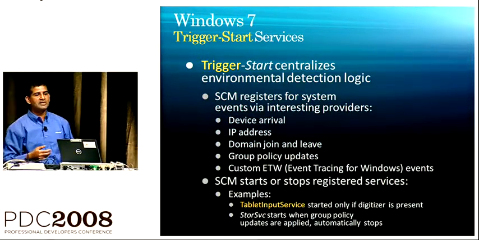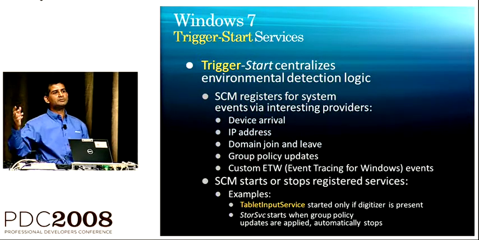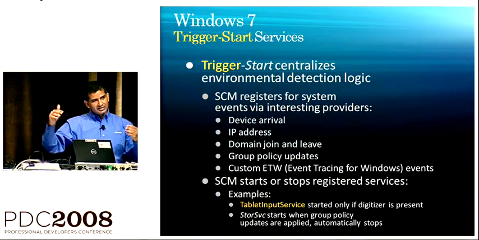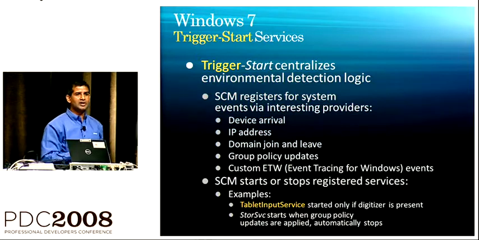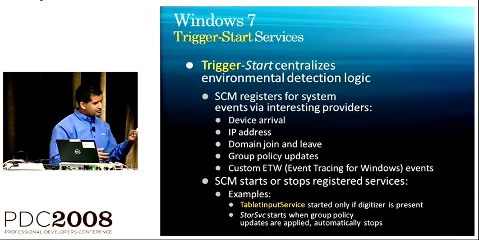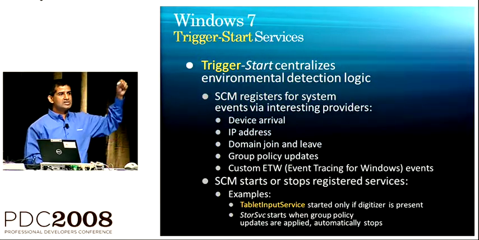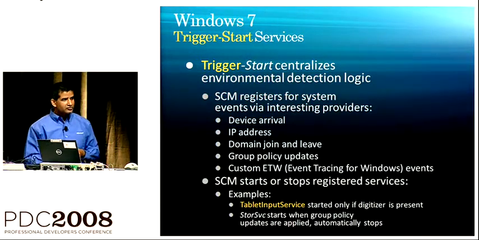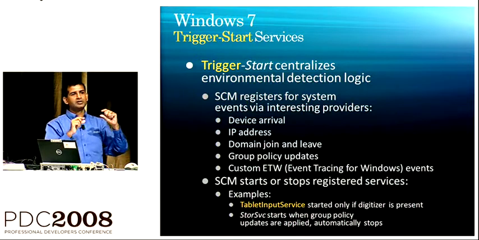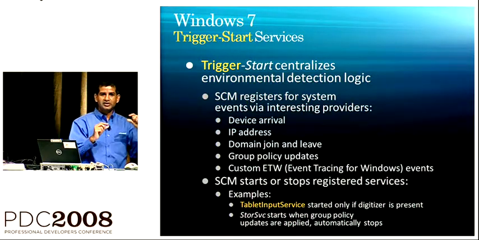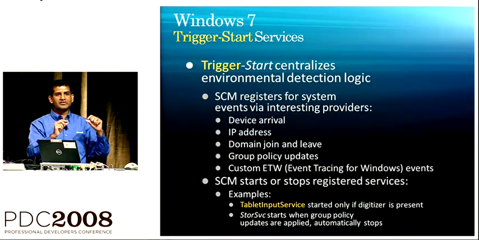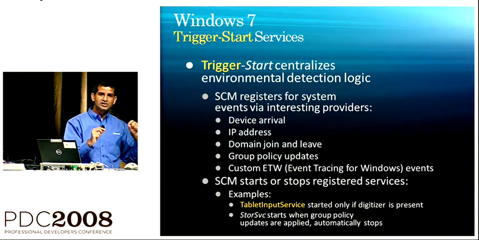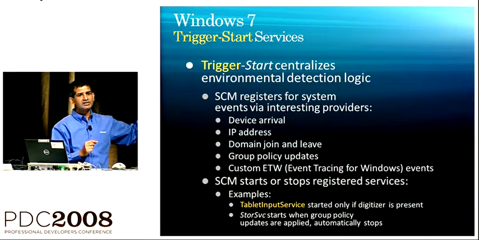So for example, the device arrival event is actually provided by the PNP infrastructure, and then SCM, the service control manager, listens for it, and then it is able to start any services that depend on that notification. We have further fine-grained support within the device event to be able to specify only certain categories of devices that the service would be interested in, and then start it on.